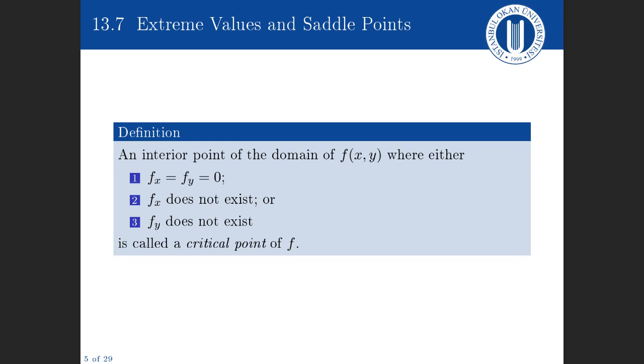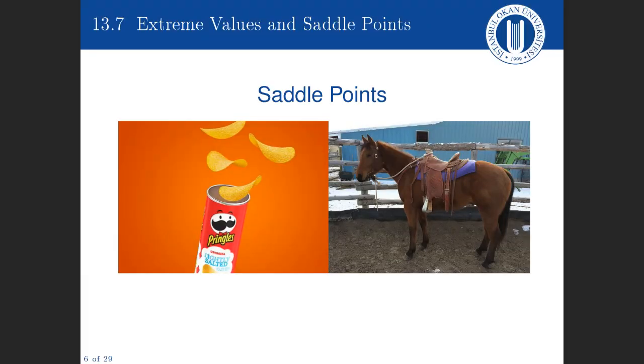Local maxima and local minima are not the only types of critical point. We might also have saddle points. Let's suppose our surface is shaped like a horse's saddle at one point, or if we prefer to think of it this way, let's imagine that part of our graph of a function looks like a Pringles chip.